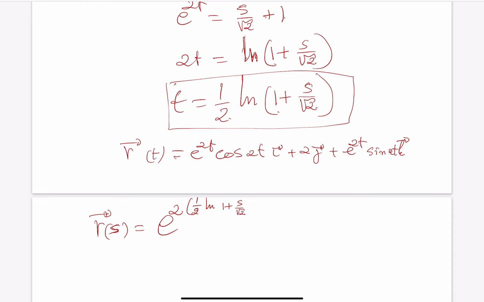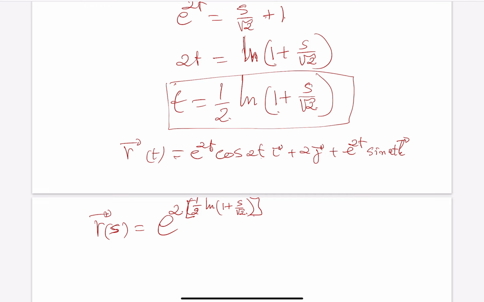Okay, small bracket here. I just replace that t by this expression. Okay, and do the same thing for cos, and do the same thing for sine, and this one. Don't touch here. There is no t here. This is just a constant number.